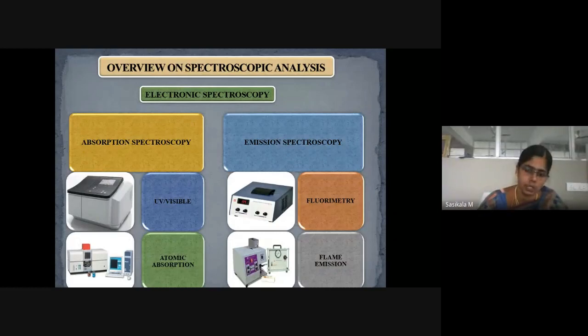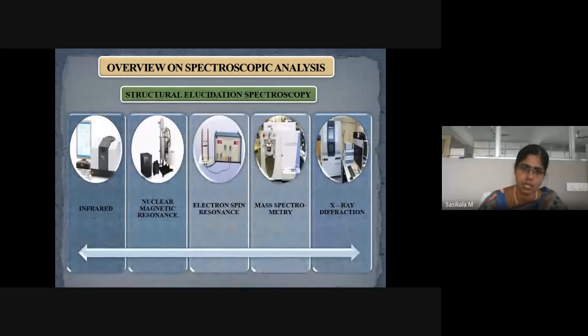According to your syllabus, it is classified this way, so we will move accordingly and learn each parameter under each spectroscopic method. Under electronic: absorption and emission. Under absorption, UV-visible and atomic absorption; under emission, flame emission. Under structural elucidation: IR, NMR, ESR, mass spectrometry, and XRD.